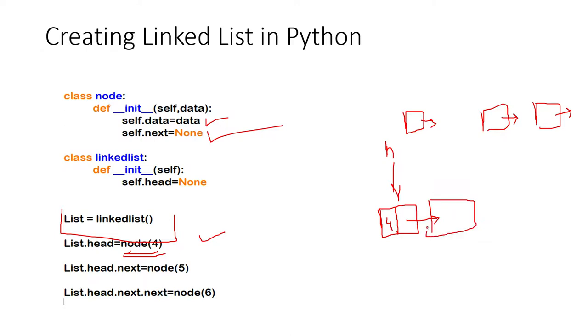So this is Node 5, and see, list.head.next is the next part where it points to Node 5. Again you can do this for Node 6.